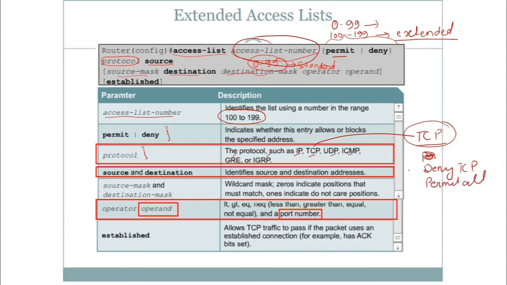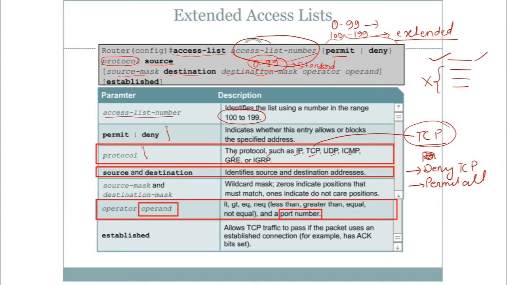So what will happen is, first it will hit that rule and deny TCP. If it is not TCP, it will go to the permit all. So it is sequential, as we have in the standard one. Whenever you have different rules, if the first rule is hit, the ACL is not going to check the other rules. It goes with the first rule only.